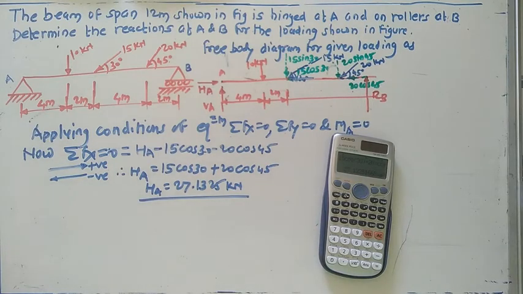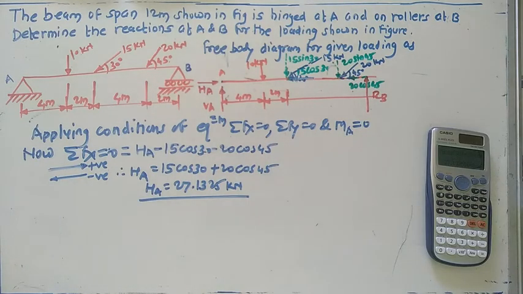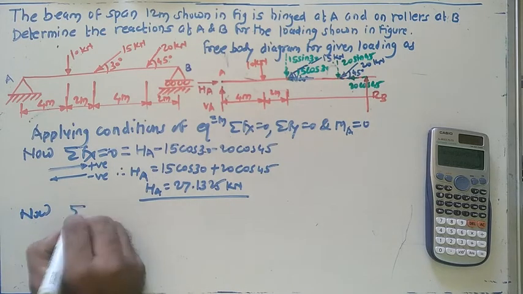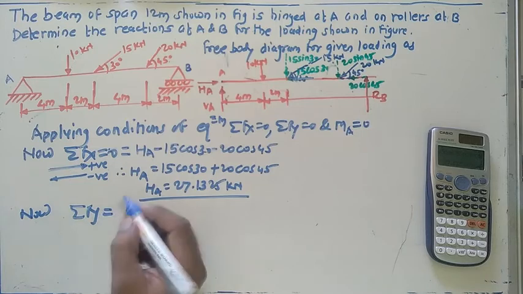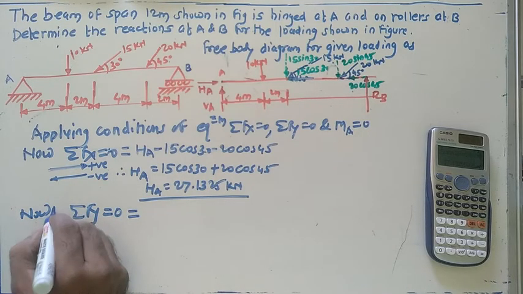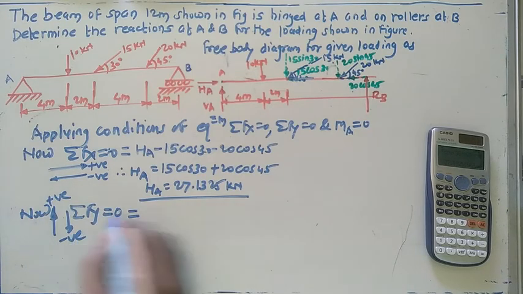Now move towards the next condition: summation of Fy equals 0. Summation of all the forces along the vertical direction equals 0, with upward as positive.